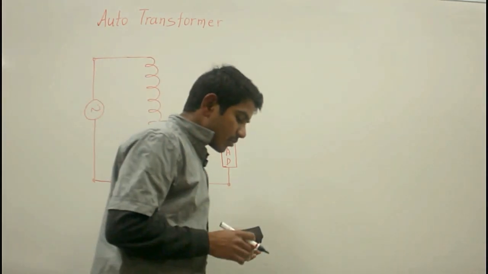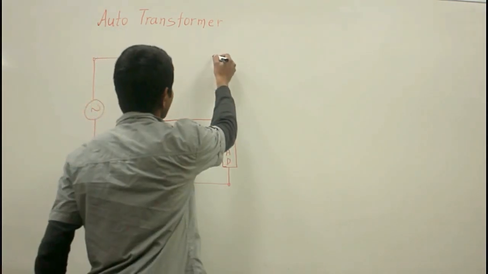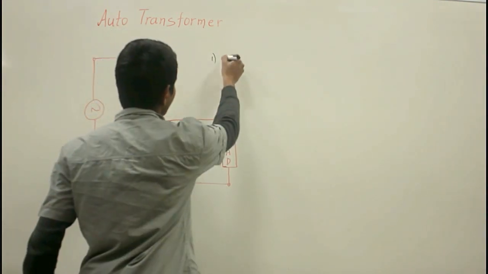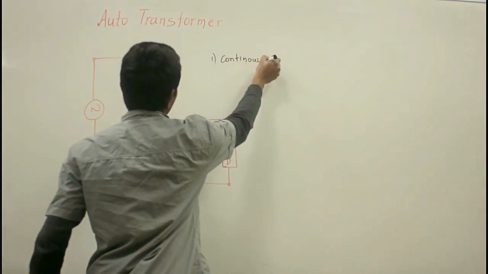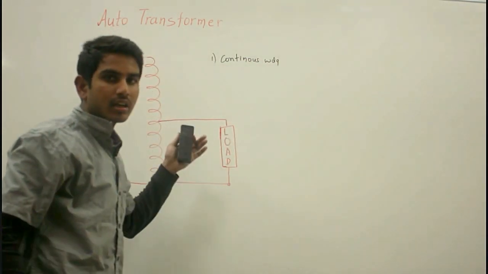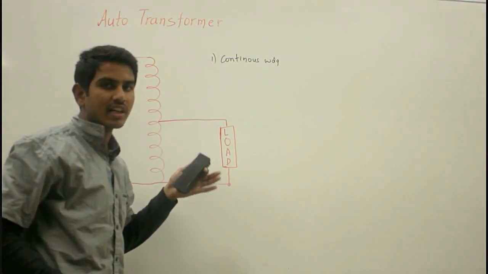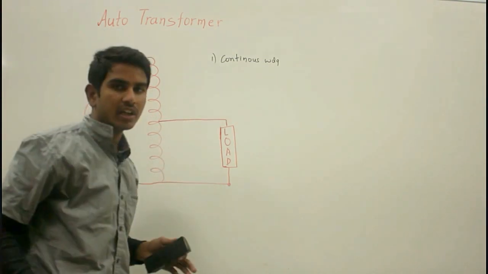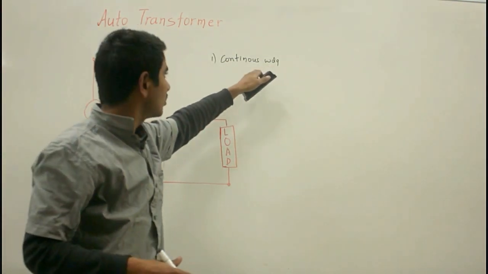Now there are two types of auto transformer based on construction. In the first type, you have a continuous winding with tappings that can be brought out at convenient points determined from the desired secondary voltage. So you can tap at any point on the continuous winding, depending on the desired secondary voltage at the secondary side.